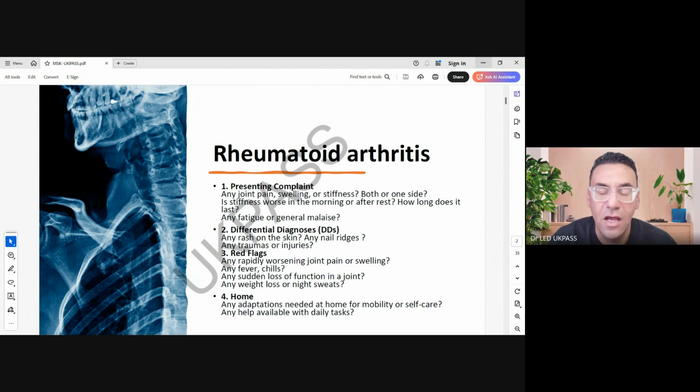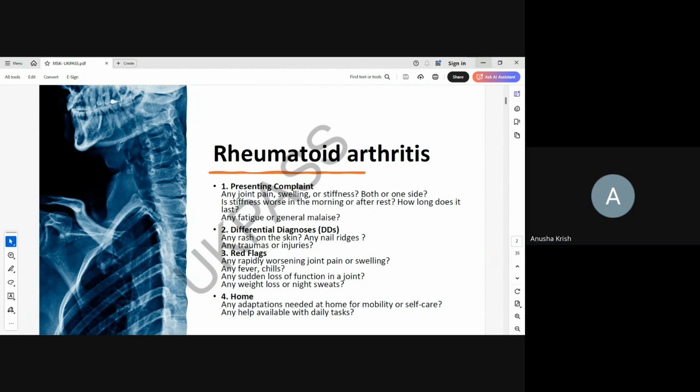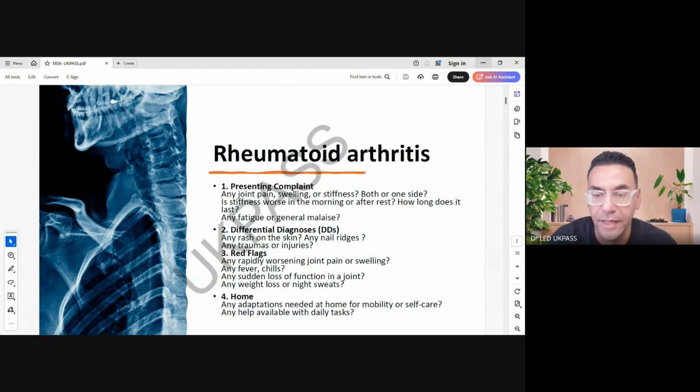Common condition. What is rheumatoid arthritis in origin? Autoimmune. Yes. So our body's defensive mechanism mistakenly attacks our joints.